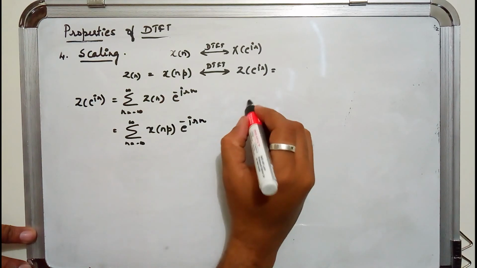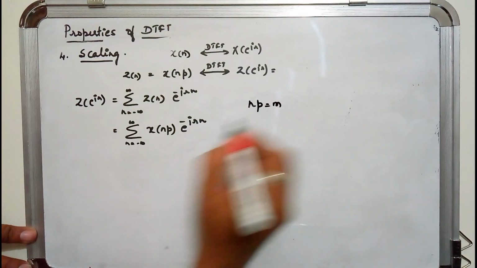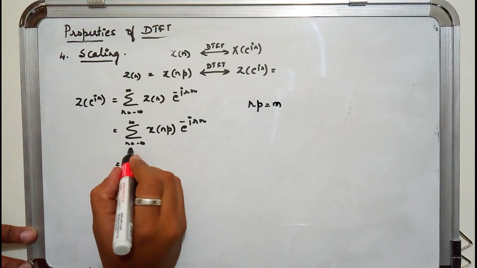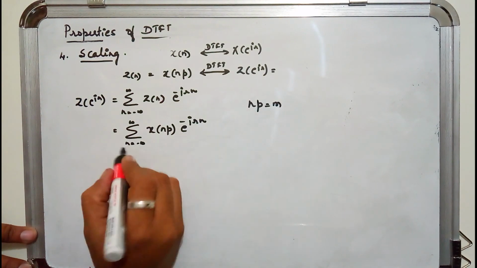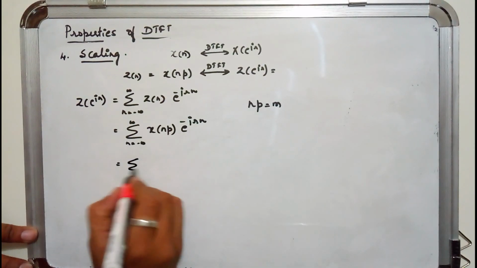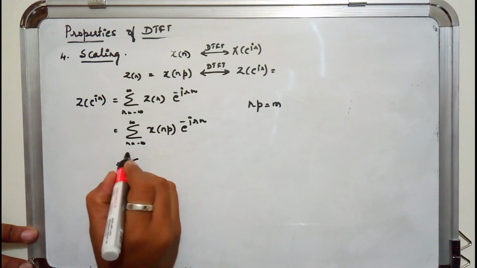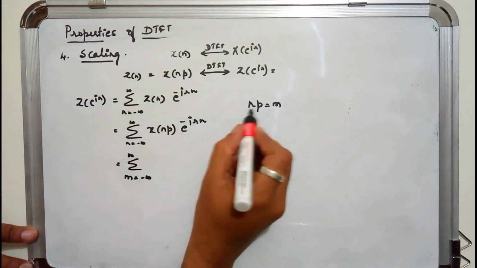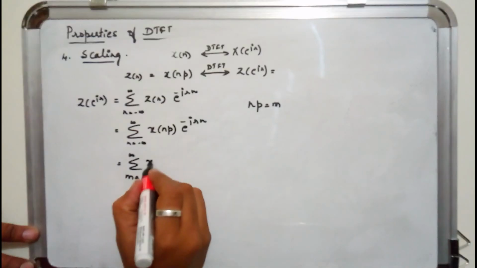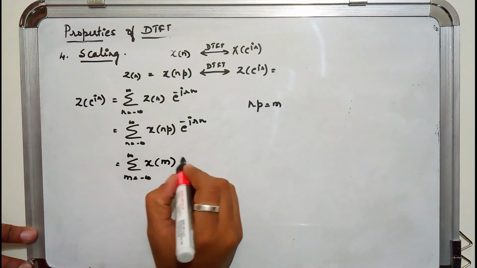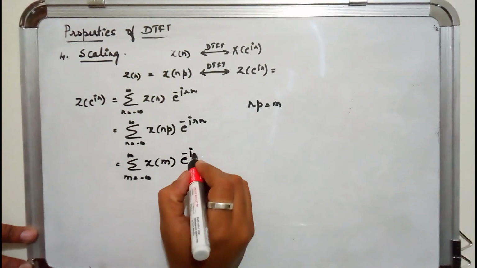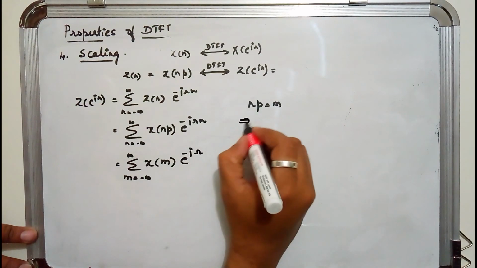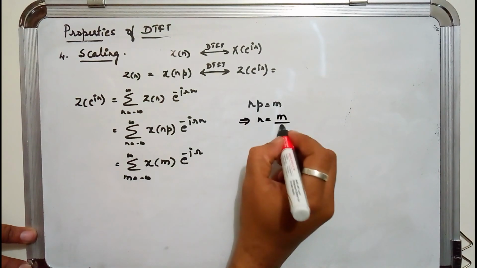Now I will substitute np as some other variable m. So, as in the previous case, when n tends to minus infinity, m tends to minus infinity. So m is equal to minus infinity to infinity, because when n tends to infinity, m also will tend to infinity. So x of np is m into e power minus j omega n. What is n from this? n is equal to m by p.